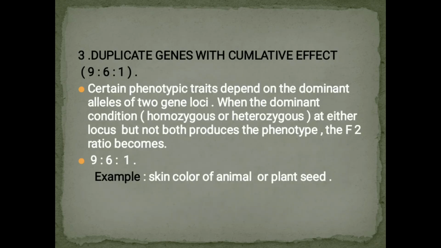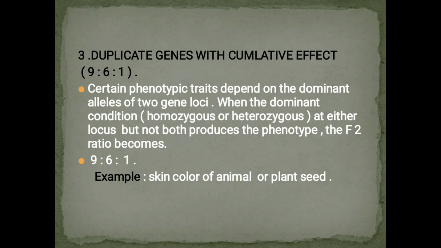Third one, duplicate gene interaction. Duplicate gene with cumulative effect, 9:6:1 ratio. Certain phenotypic traits depend on the dominant alleles of two gene loci.